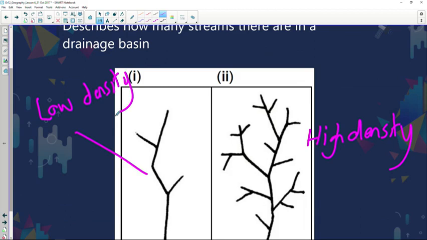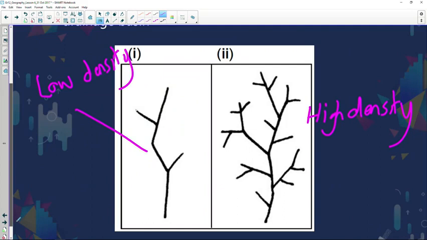Now, if you look at high density and low density, the difference is actually the visible water, which is the surface runoff. Now, as you can see, if you look at this high density area over there, we can say this is the source of the river and this is the mouth of the river.